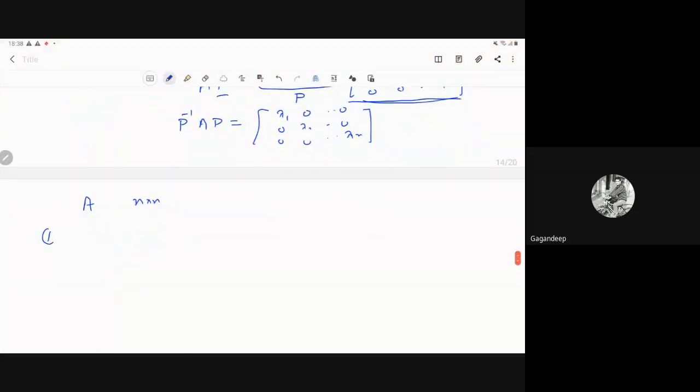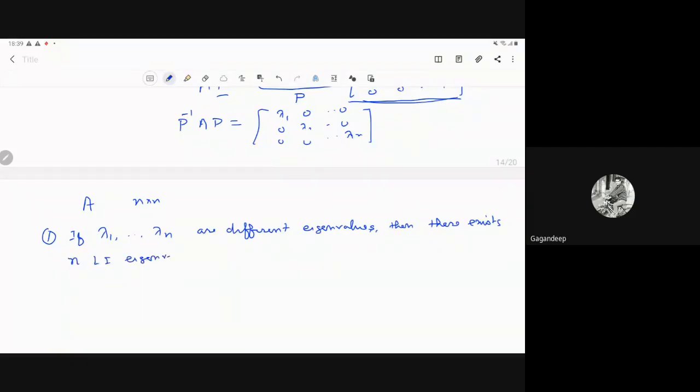Listen very carefully. If A has n different eigenvalues, meaning eigenvalues are not repeating, in this case you will get n linearly independent eigenvectors.